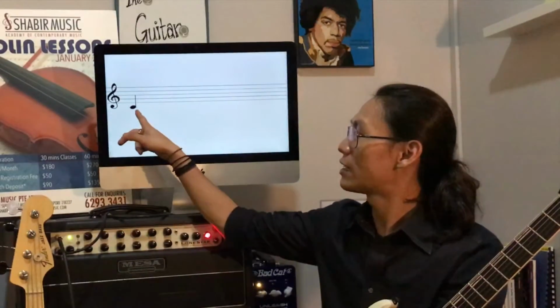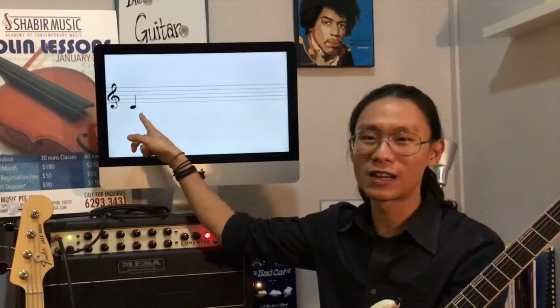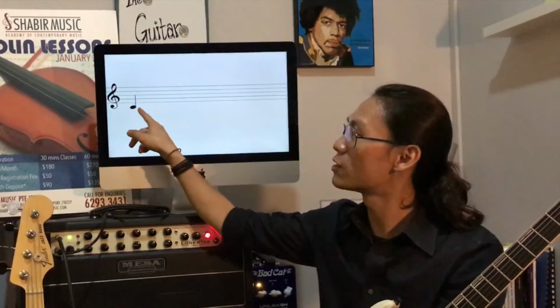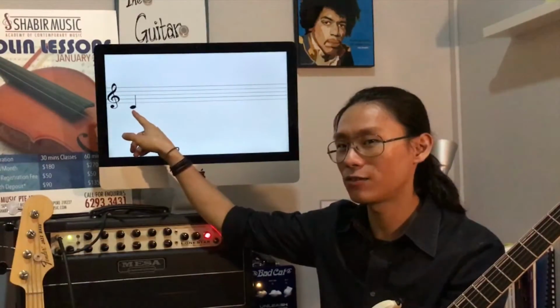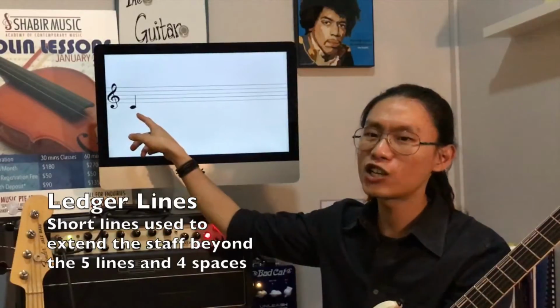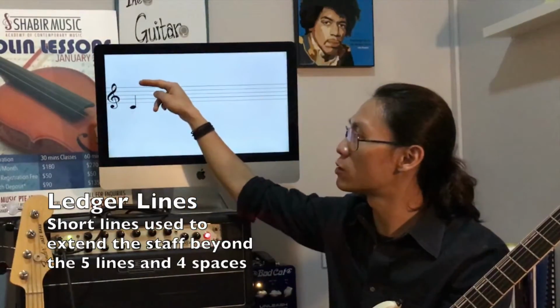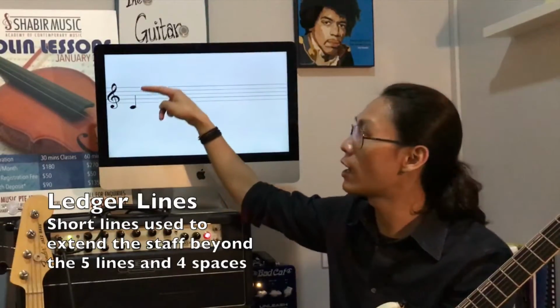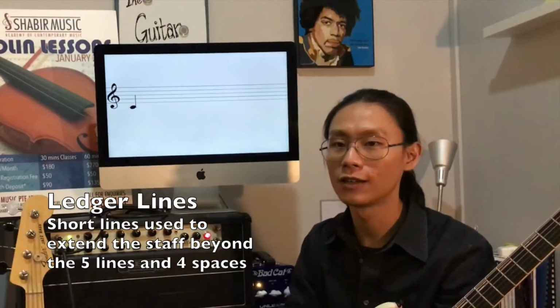Over here we see a note that's beyond the 5 lines of the musical staff. It's drawn on a short little line slightly below the staff, and we call this line a ledger line. Ledger lines are used to extend notes beyond the range of the 5 lines below and above the staff.